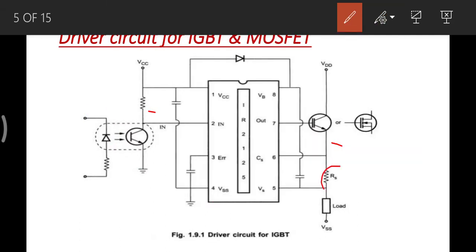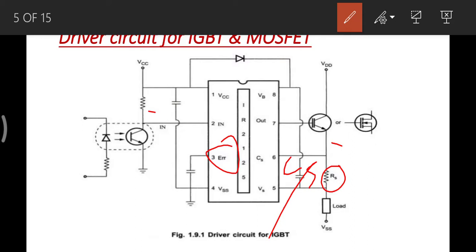So this is the RS and this is the CS, source capacitance. The error pin also exists. It is used to identify the fault conditions. By using ICs also, we can control or trigger the IGBTs or MOSFETs.